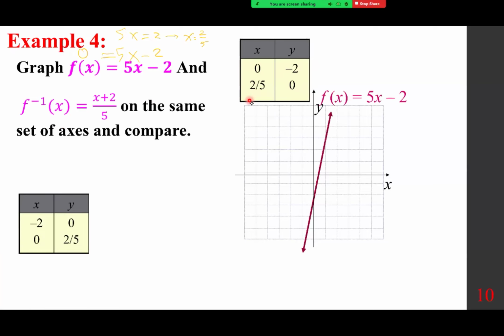So I don't have to even evaluate it. I did the evaluation for the first one. For this one, x and y are just interchanged. And so to graph that, we have (0, negative 2) becoming (negative 2, 0) to the left, and (0, 2/5) somewhere here. And that would be the graph.